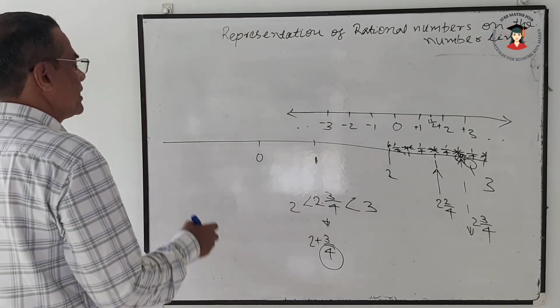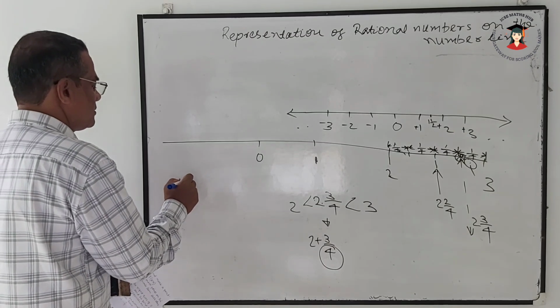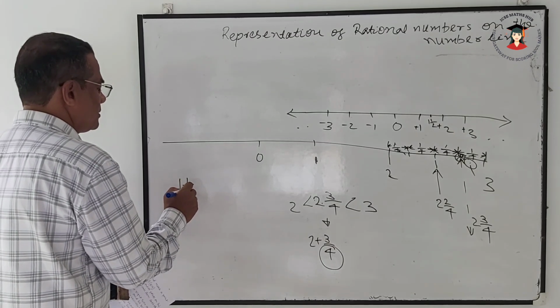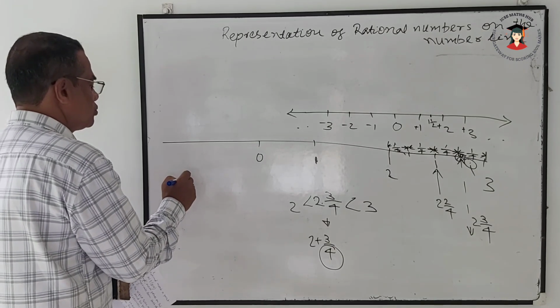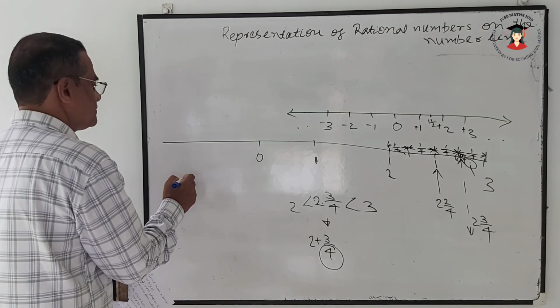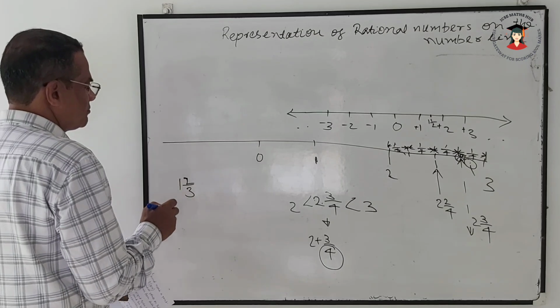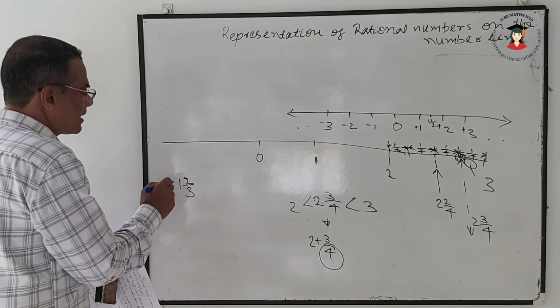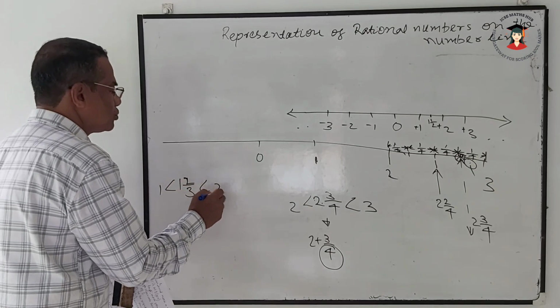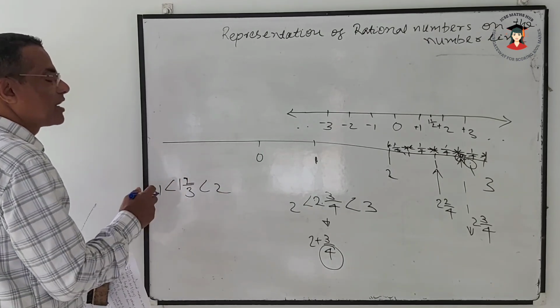Suppose how you will locate 1 and 2/3? This 1 and 2/3 is greater than 1 and less than 2, so it lies between 1 and 2.